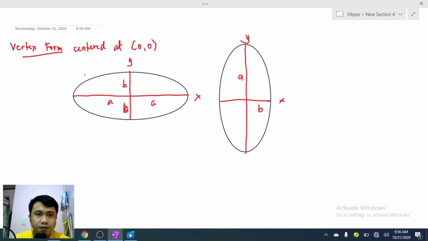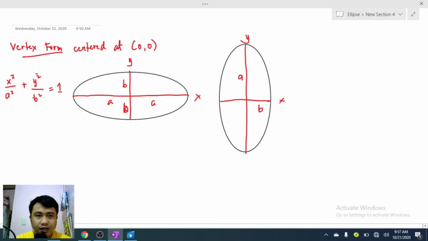Yan. So, vertex form. Pagkapahiga, x squared over a squared plus y squared over b squared is equal to 1.